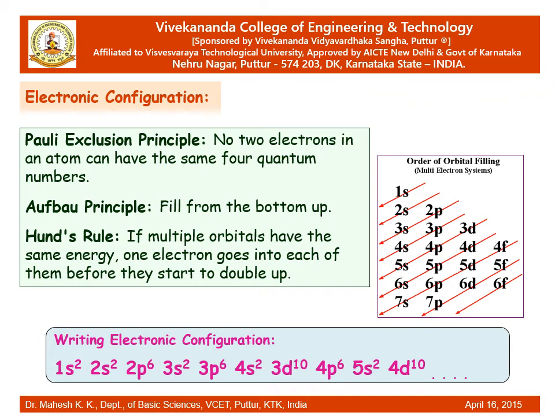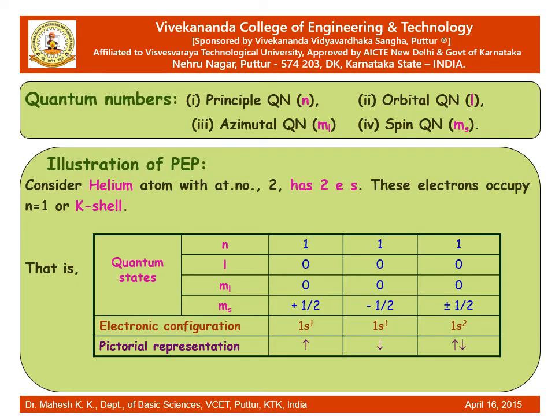I'll just skip this slide. Here let us consider the helium atom, whose atomic number is 2, and let us consider the quantum numbers. As you have learned in the previous classes, we have 4 quantum numbers: principal quantum number, orbital quantum number, magnetic quantum number, and spin quantum number.